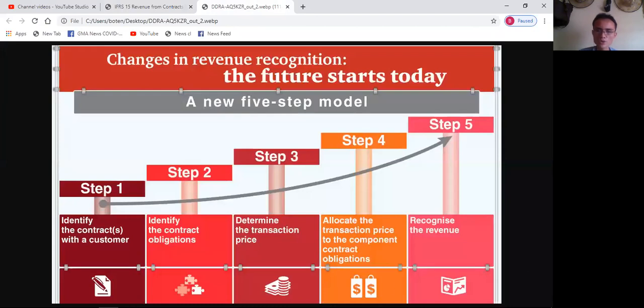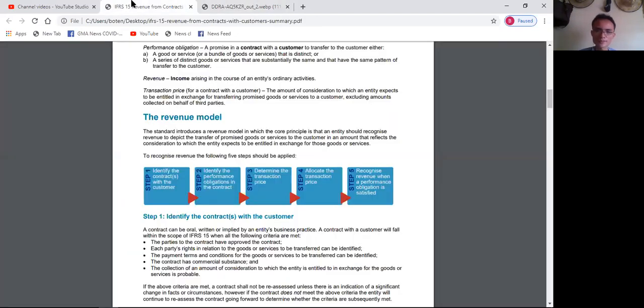So I also showed you this one. We are done with step one, identifying the contracts with the customer, which of these contracts IFRS 15 would be applicable to. Then step two is we need to identify the contract obligations or performance obligations. After that would be steps 3 to 5.